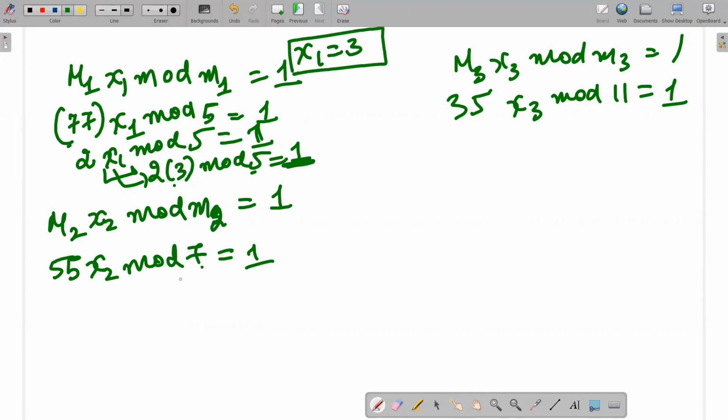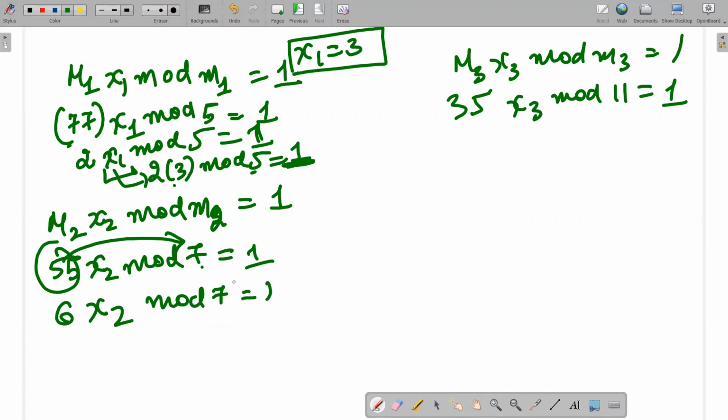Similarly, 55 mod 7, what is the answer? The answer is 6. So 6 x2 mod 7 is equal to 1. That's what we are calculating. What should I put in x2?